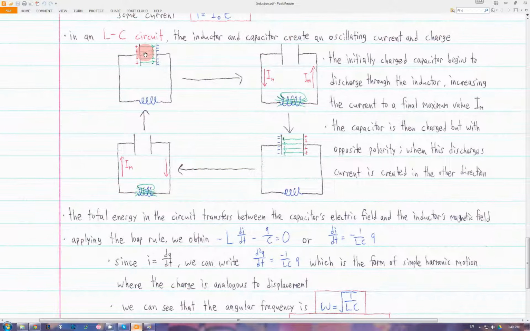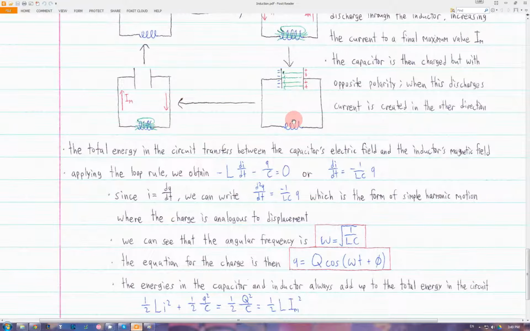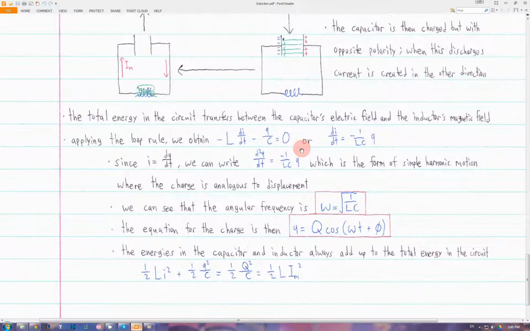The energy is being switched between the capacitor's electric field and the inductor's magnetic field. And it's going back and forth, and for the maximum energy, the total energy in the circuit, we can write two expressions. One, when all the energy is in the capacitor, that's 1/2 Q max squared over C. And when all the energy is in the inductor, it's 1/2 L I max squared.